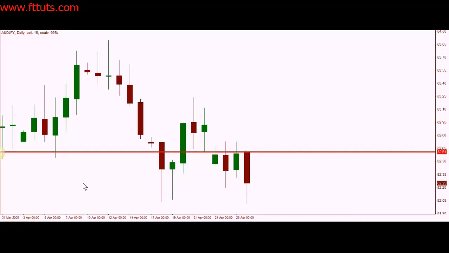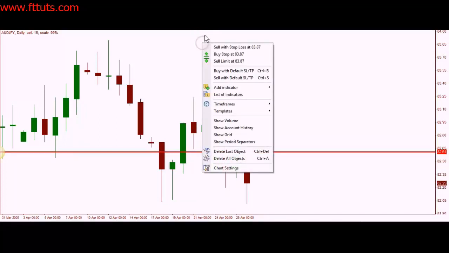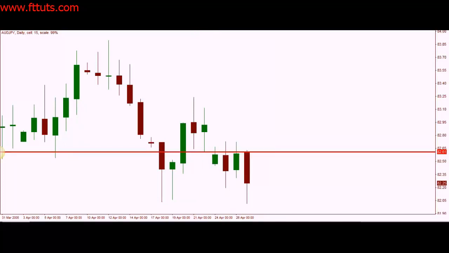But now if you remember when we talked about the market and we talked about impulse and corrections, I'm going to show you we want to be trading in the direction of the trend. So currently it looks like the direction of the trend is this way. So we're going to follow the trend.